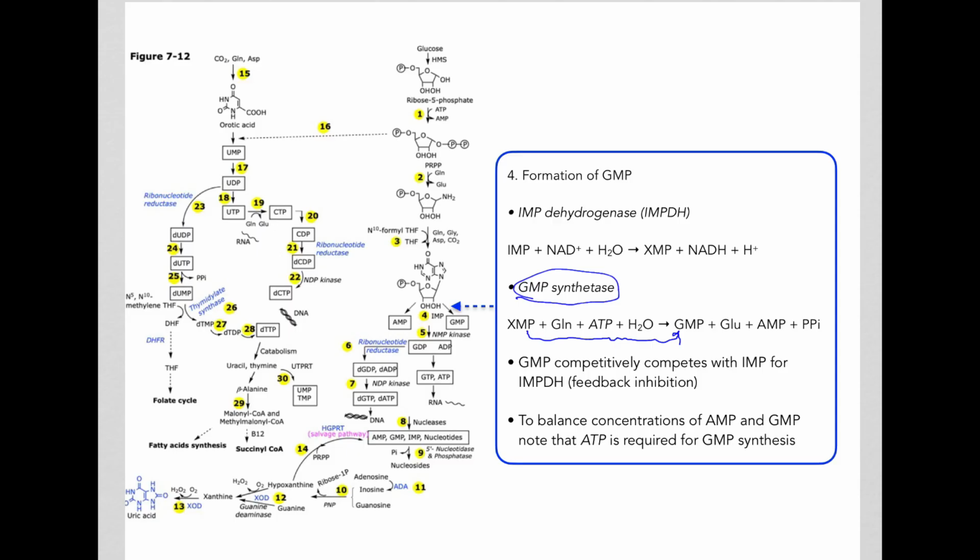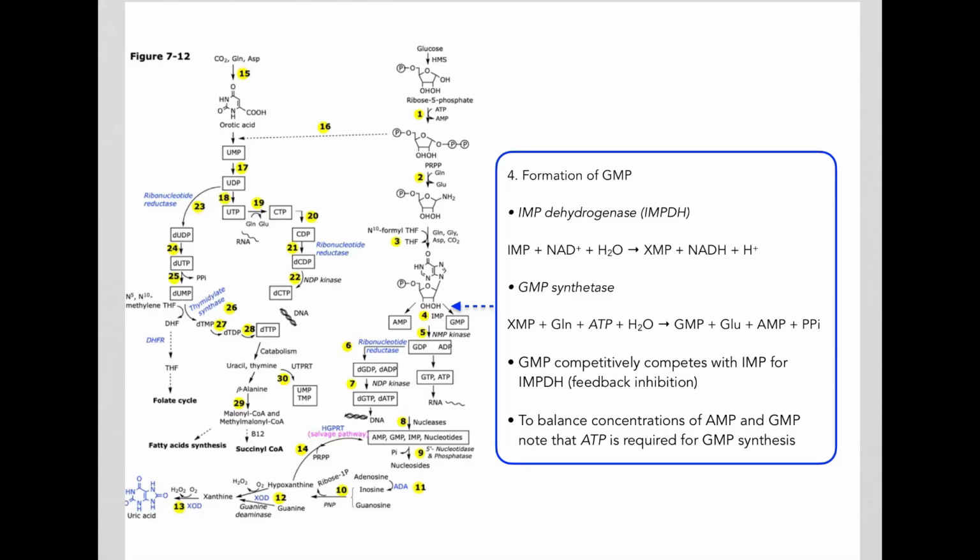So these two reactions will convert IMP into GMP. Now GMP is a competitive inhibitor of IMPDH. So this is another example of feedback inhibition, because GMP is a product and it's coming back to inhibit an enzyme early on in the pathway.